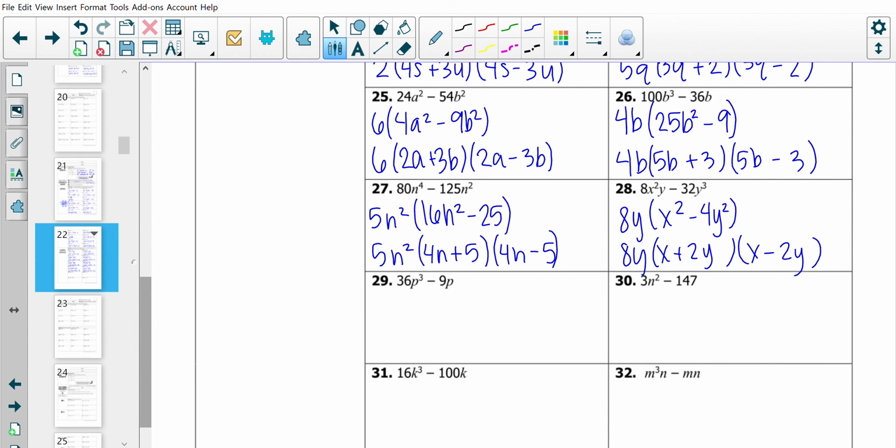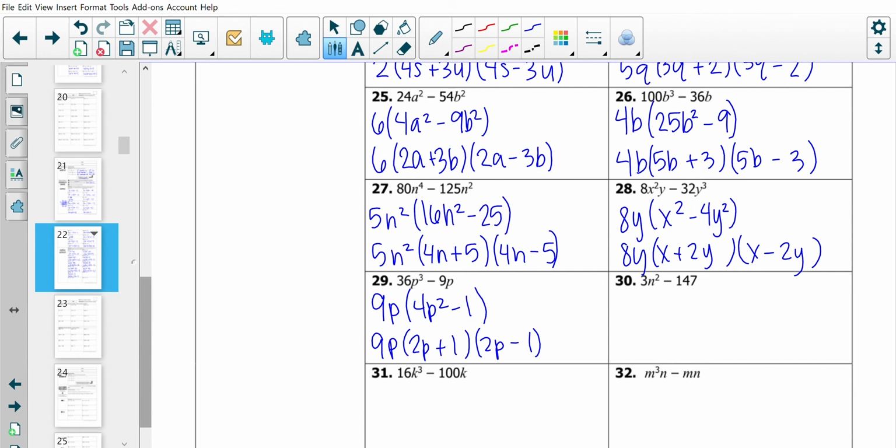Number 29, I can divide both of these by 9, and I can take a p out. So I'm left with 4p squared minus 1. Okay. So when I find my difference of squares, I have 2p plus 1, 2p minus 1.